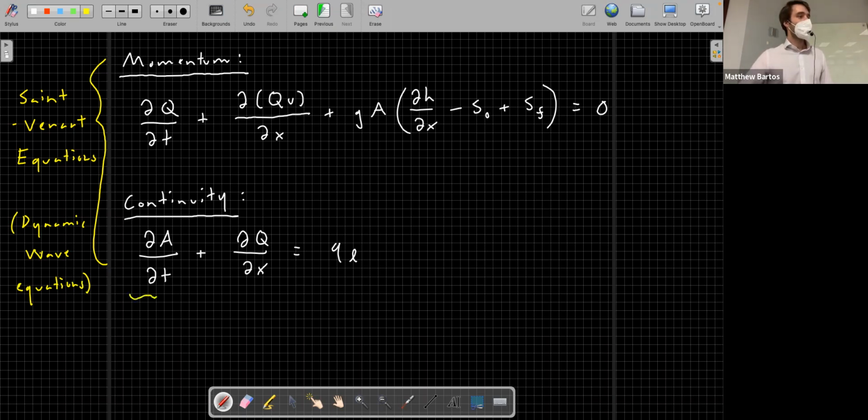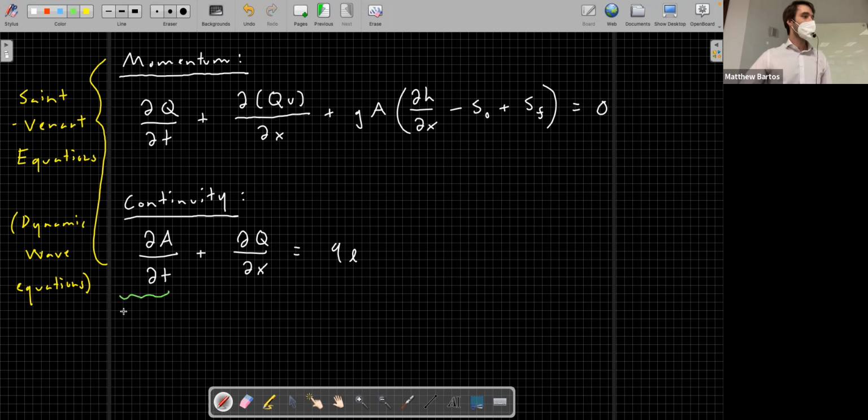Let's look at the continuity equation first. I'll write it in green. The continuity equation is essentially a mass balance.